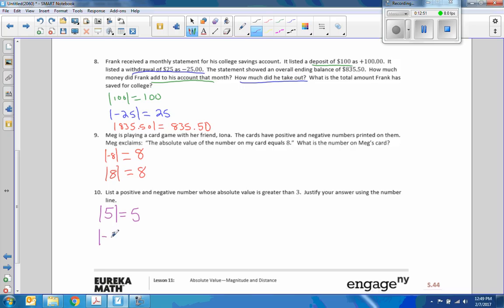The absolute value of its negative, which is negative 5, is also positive. And that is greater than 3. 5 is greater than 3. So I could just say the absolute value of negative 5 equals 5.